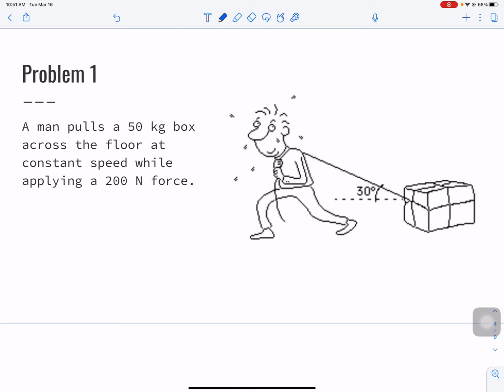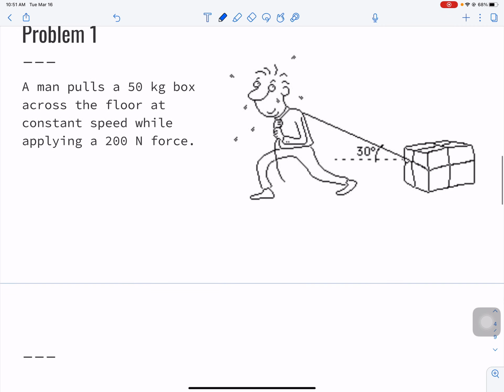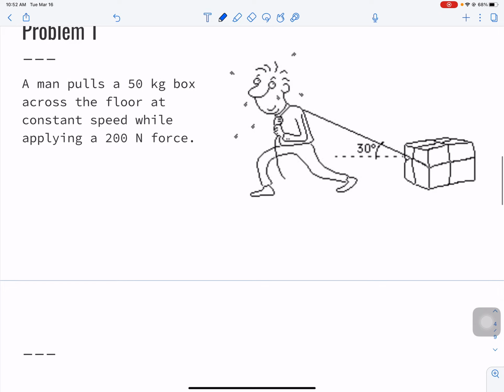So the first one: a man pulls a 50-kilogram box across the floor at constant speed while applying a 200 Newton force. So I'm going to start with the free body diagram. So we know that we have weight going down. We know that we have tension going this way.